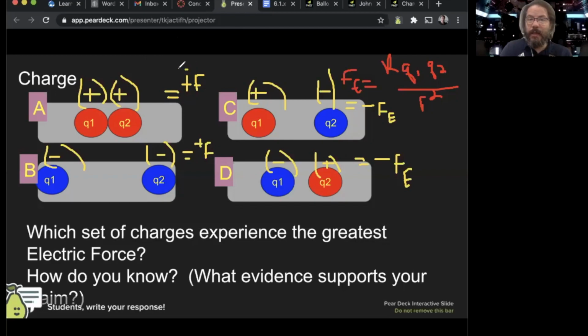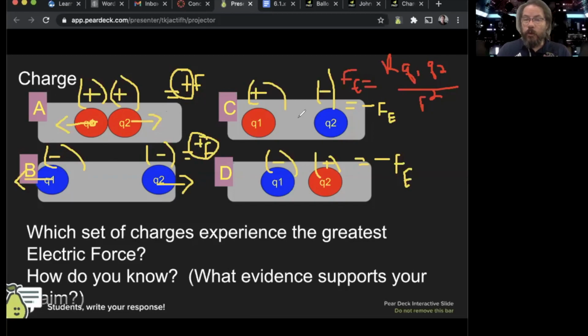So this doesn't tell us how big the force is. It just tells us what direction it's going to happen. A positive force means the particles are going to be pushed apart, they're going to repel. Look at this: a negative and a negative is still a positive, so they're still going to repel.